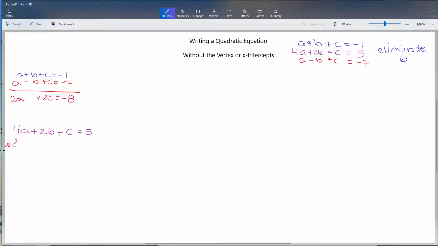So I'll have 2a minus 2b plus 2c, and I'm not going to forget to multiply on the right side. -7 times 2 is -14. Okay, so when I add these together, 4a plus 2a is 6a, 2b minus 2b is 0, that's what we had planned, right? And c plus 2c is 3c, and this is going to be equal to 5 plus -14, which is -9.